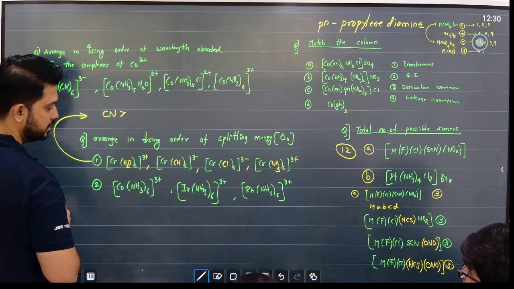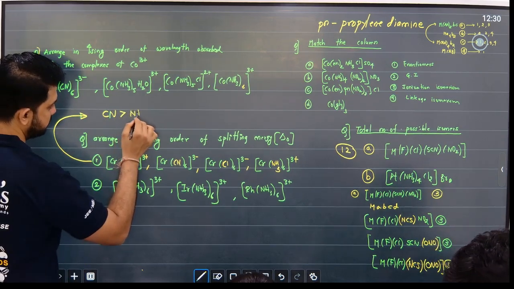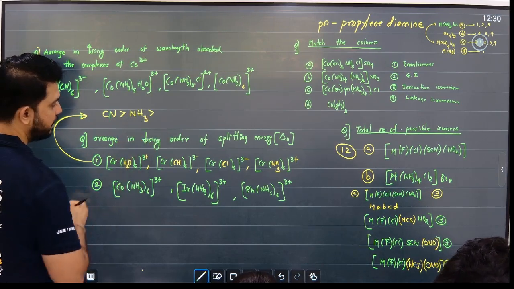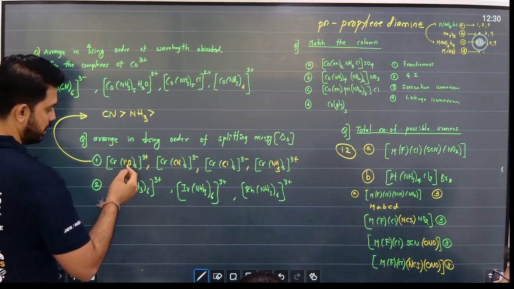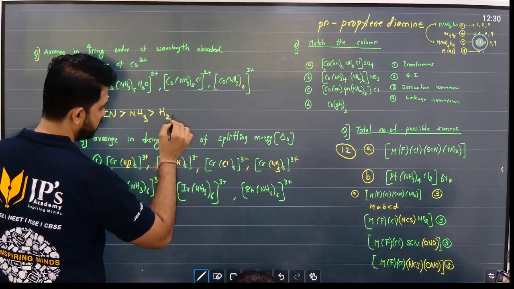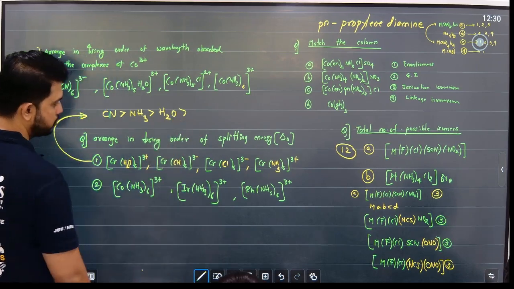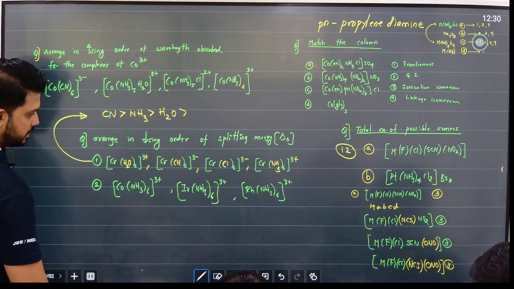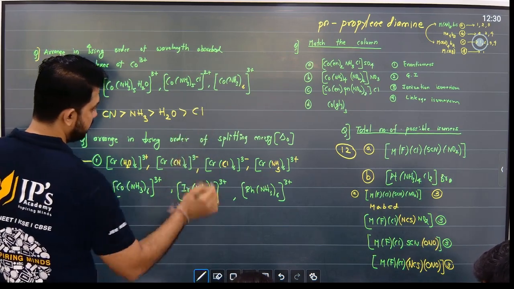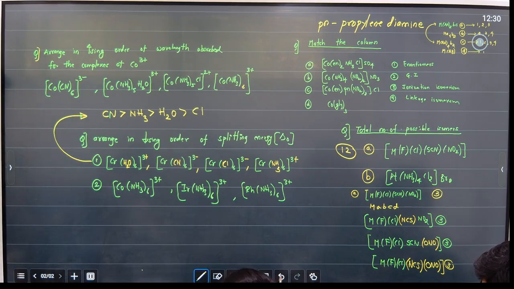After that, nitrogen donors. Then we have oxygen donors, H2O. And then last, the weakest is Cl. So this is the order of ligand strength.